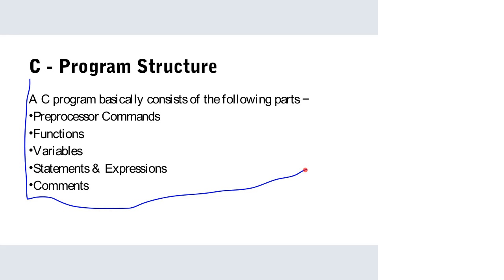So preprocessor commands. These are basically lines that instruct the compiler on what to do before the compilation process begins. Before the interpretation of each line of your program begins, preprocessor commands, also known as preprocessor directives, will instruct the compiler to do the following.